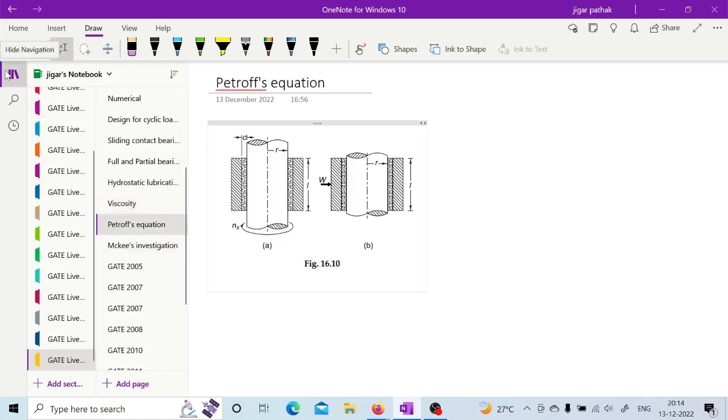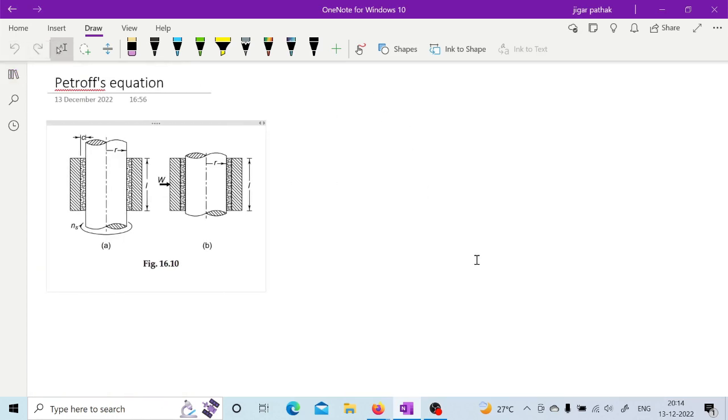Now if we go for Petrov's equation, then again there are some assumptions, that the shaft is concentric with the bearing and the bearing is subjected to light load, something like that.